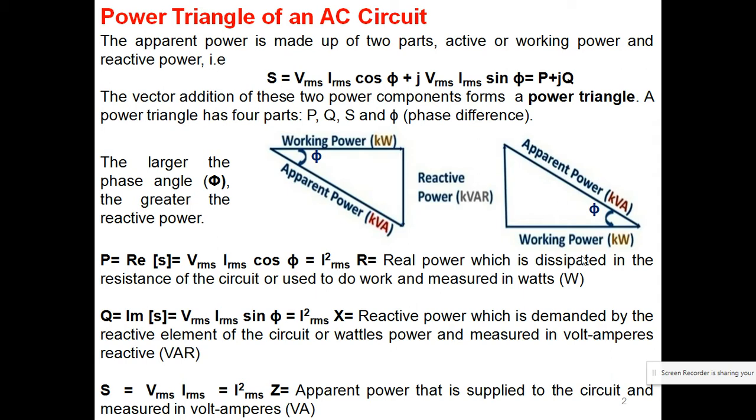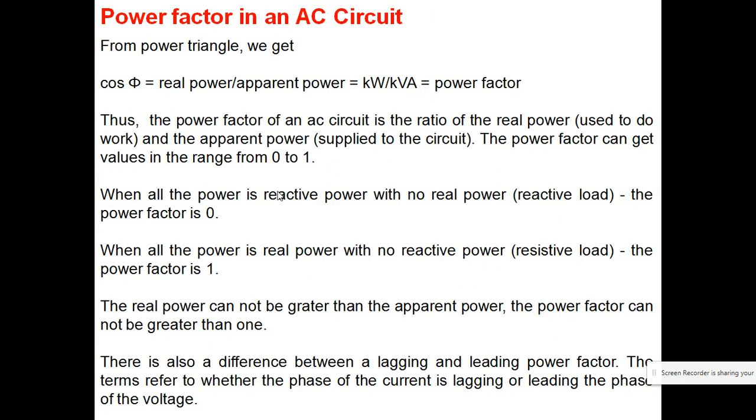From this power triangle, we can define one term, and that term is cos phi. Cos phi is equal to the working power divided by the apparent power, and that is the power factor in an AC circuit. It is the real power, or working power, divided by the apparent power.